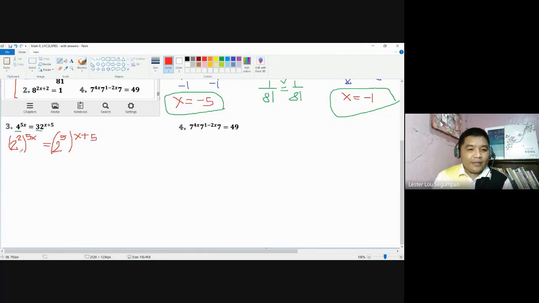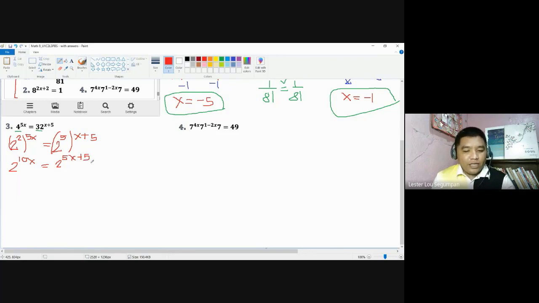So once we do that, we just simply use here the power law. Power law means multiplication of exponents. You have 10x here. And then for the other side, you have equal to 2 to the power of, wait for a while. It's not 5x plus 5, okay? It's not 5x plus 5.